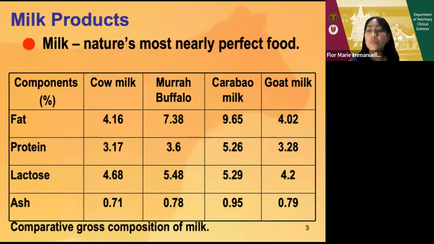So in terms of pricing, we can expect that the price per liter of a Carabao's milk is twice as the price of the cow's milk, okay? And like, for example, we're selling now 1 liter of cow's milk is like 40 pesos, no, if I'm not mistaken. So 1 liter of Carabao's milk is like 90 pesos or something like that.